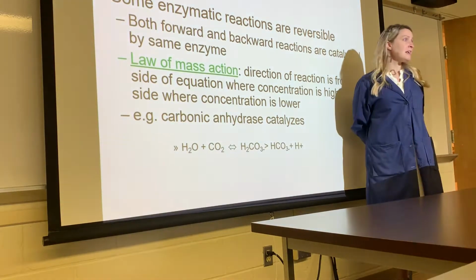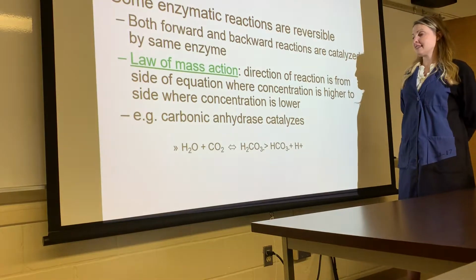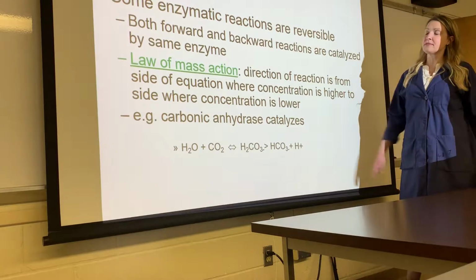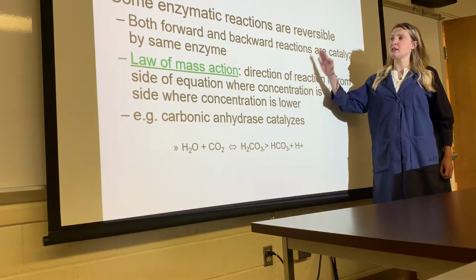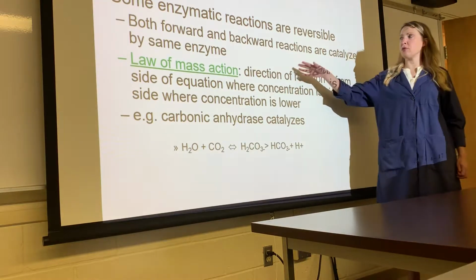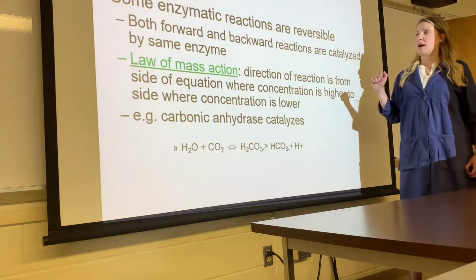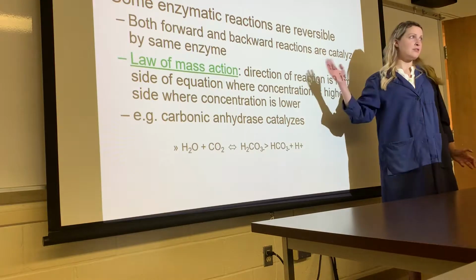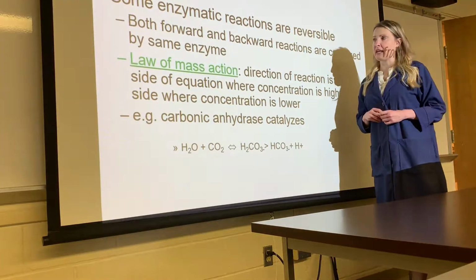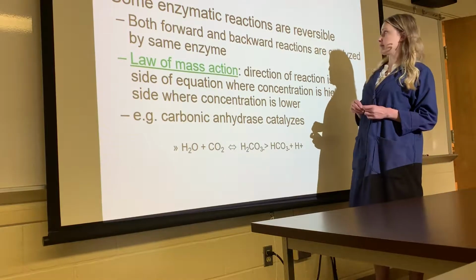And honestly, that's kind of what the law of mass action is about. This concept applies only to reactions that are bidirectional, so forward and backward reactions. And as we said, this isn't common, but the same enzyme will catalyze the reaction.